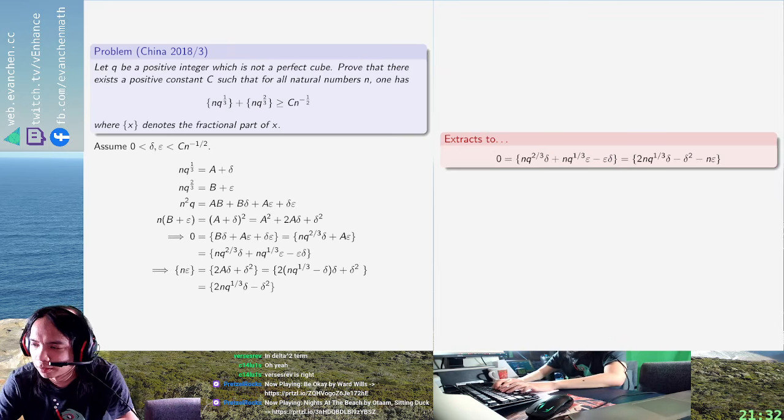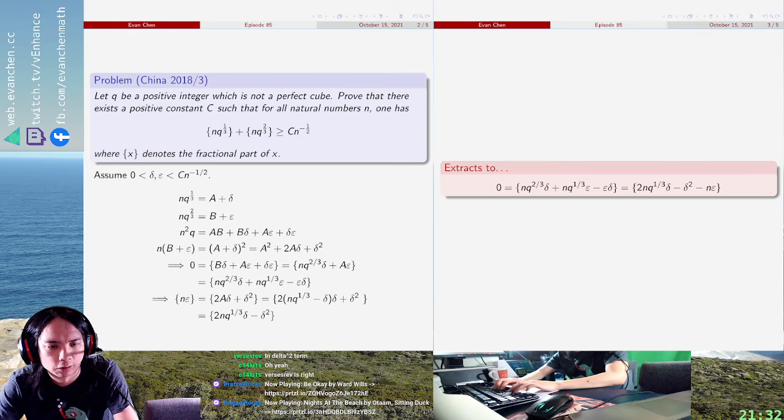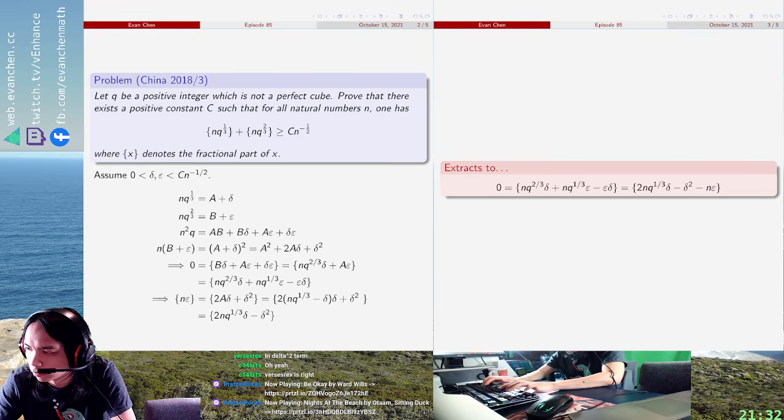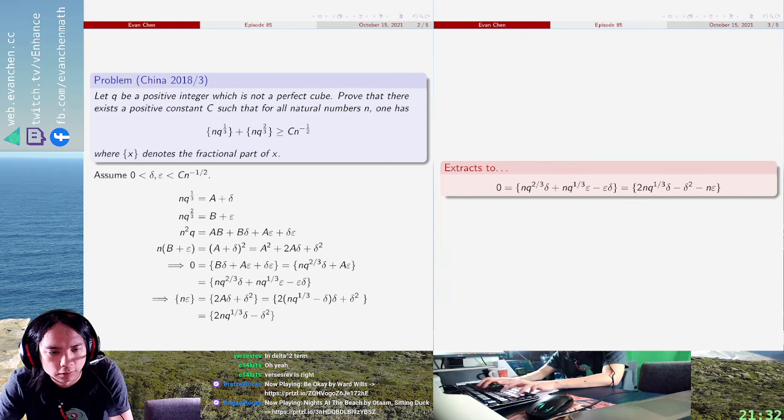I wonder if I can get a statement out of... Maybe I can get one more statement. If I square the b equation instead, b squared plus 2 epsilon b plus epsilon squared is equal to a plus delta times something. That something is q, which is also a positive integer. So the fractional part of q delta is equal to 2 epsilon b plus epsilon squared.